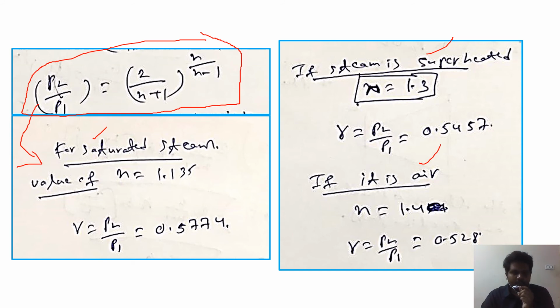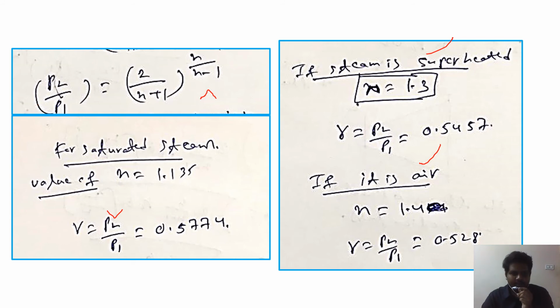If the steam inside the nozzle is saturated steam, the n value is 1.135. If you substitute this value in the above equation, the pressure ratio P2 by P1 equals 0.5774. So this is the pressure ratio for saturated steam.